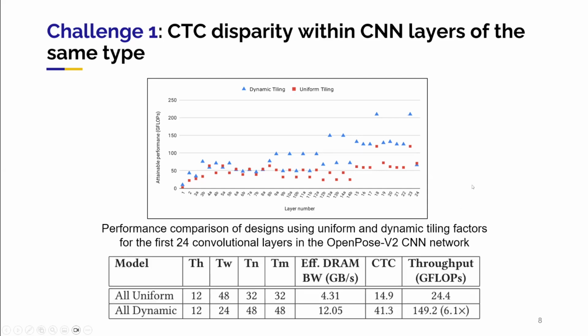For this CNN, we found that the performance can be up to 6 times better using dynamic tiling, and the data layout optimization maximizes the effective DRAM bandwidth from around 4 gigabytes per second to around 12 gigabytes per second. Also, the computation to communication ratio increases.